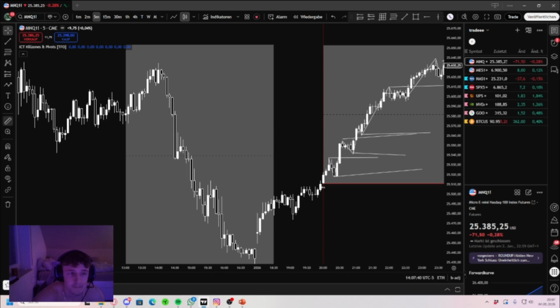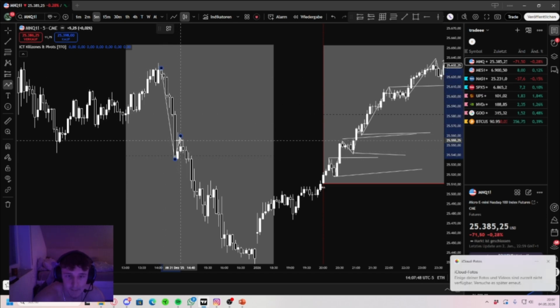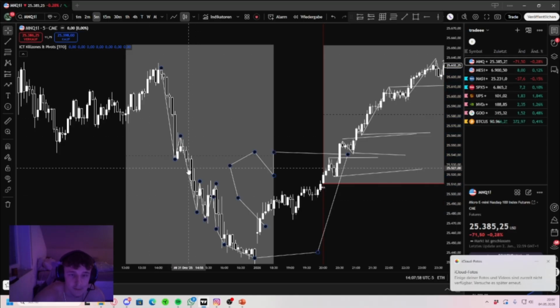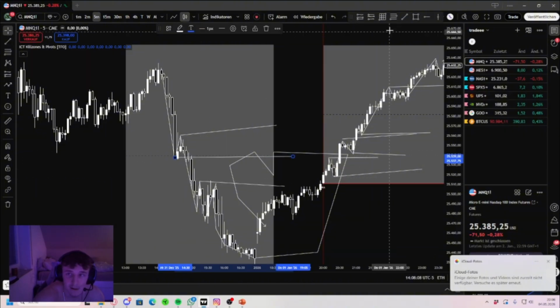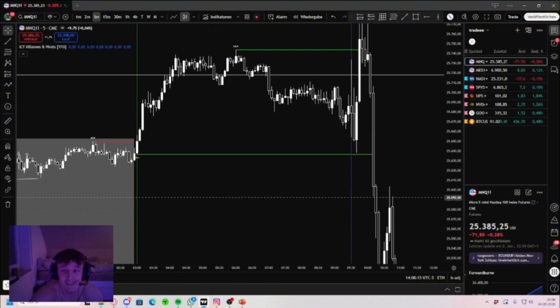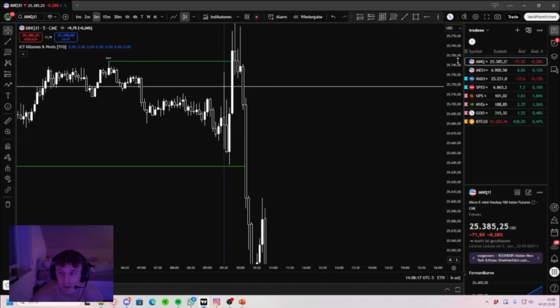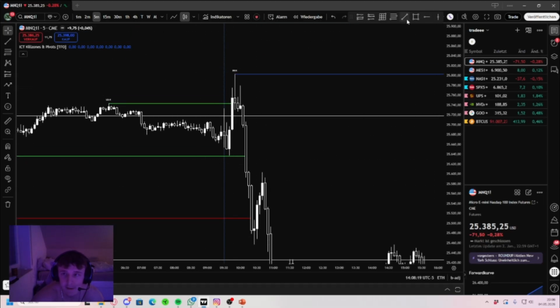Same here. Start here. This is the high because this is the move up and then move down. Low because move down, move up, move down, broke this low, move down, move up, basically telling us we're in a downtrend. Lower highs and lower lows. As easy as that. Oh, market structure shift on the 15-minute here, as you can see.